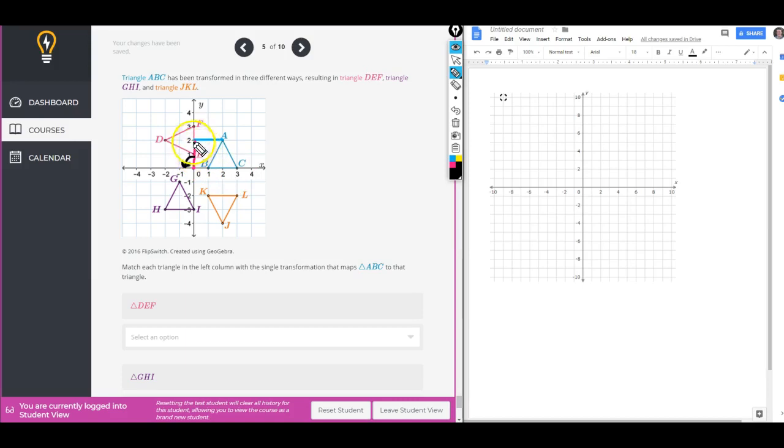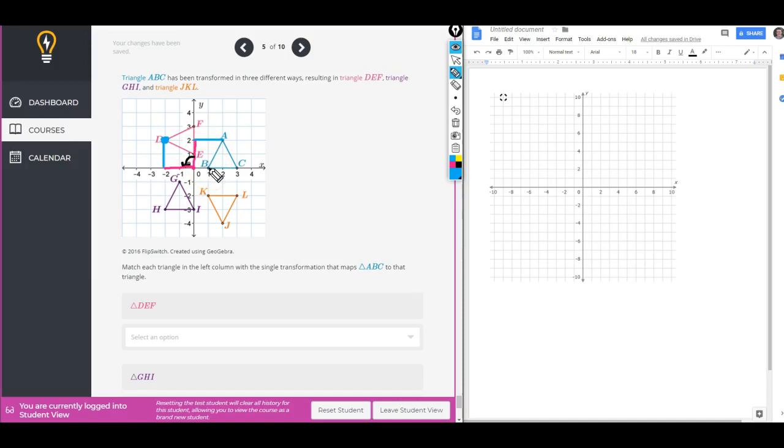So I'm going to bring this side length down, so it's going to go over 2 and up 2. So up 1, 2. And it does land at point D. So far it's looking like it is a rotation.